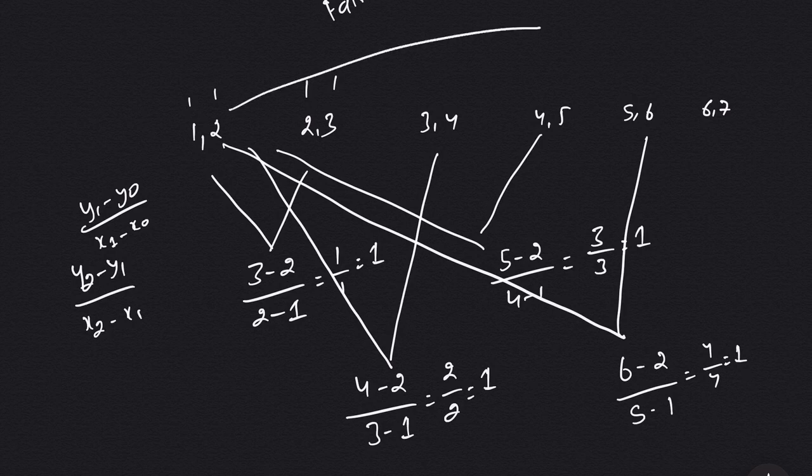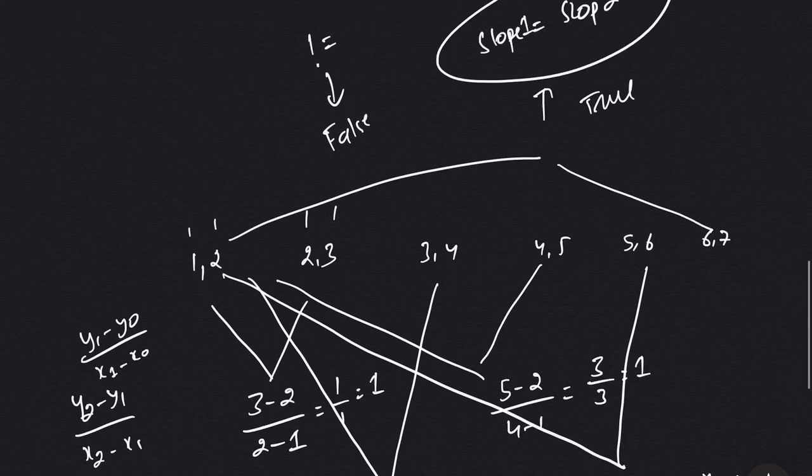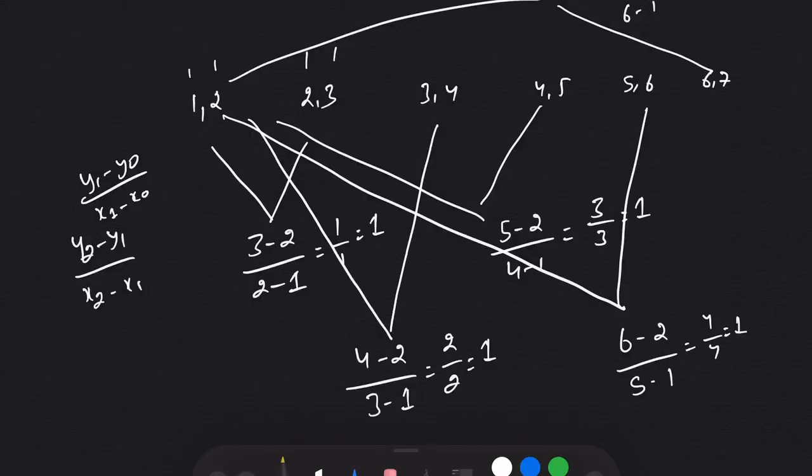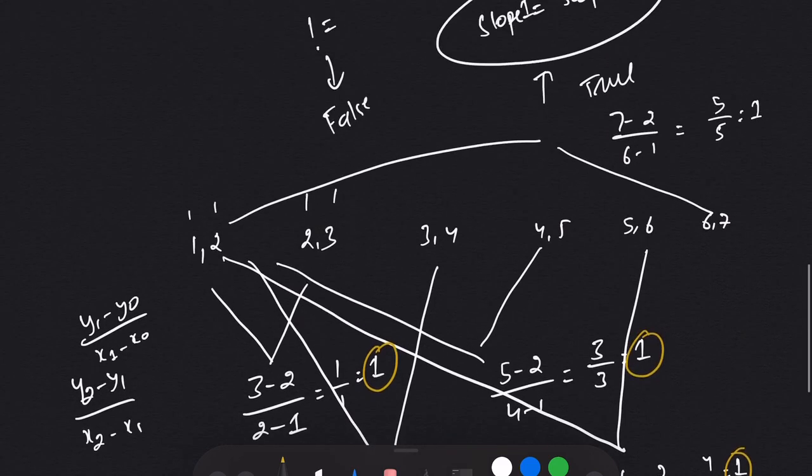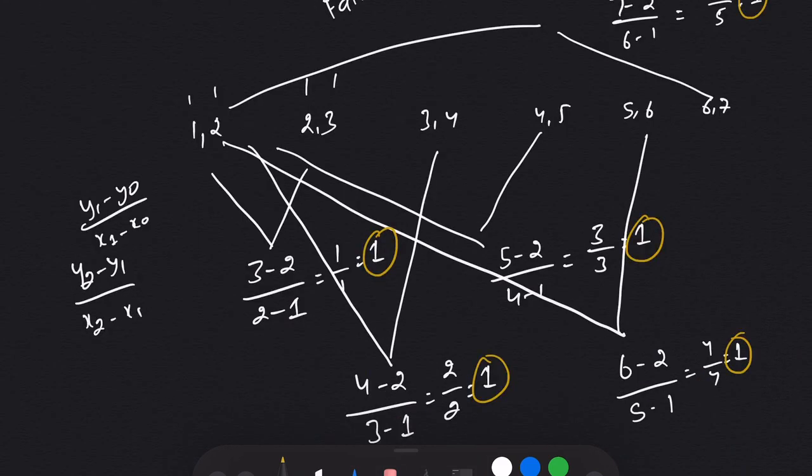And for these two, 7 minus 2 over 6 minus 1, that is 5 by 5, that is 1. So we can clearly see every time the slope is 1. That means all these coordinates form a straight line.